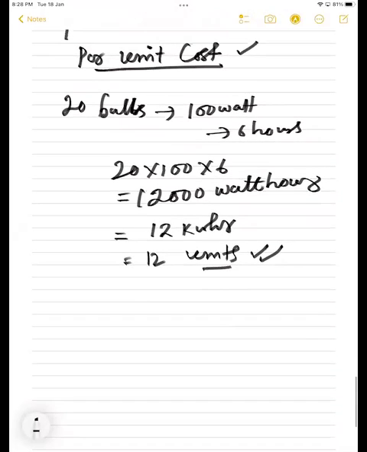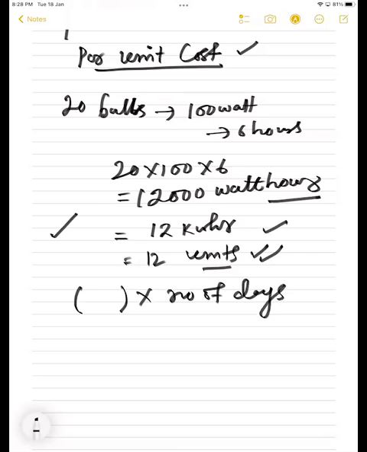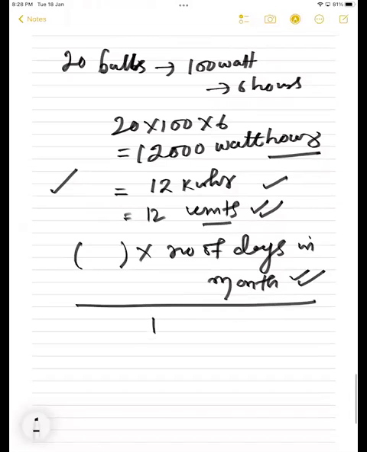So you calculate the total wattage, multiply by the total hours. You see how much watt hour you are getting. Then if you find it per day, you multiply these units by the number of days in the month, right? Then divide by 1000 and you will get kilowatt hour.